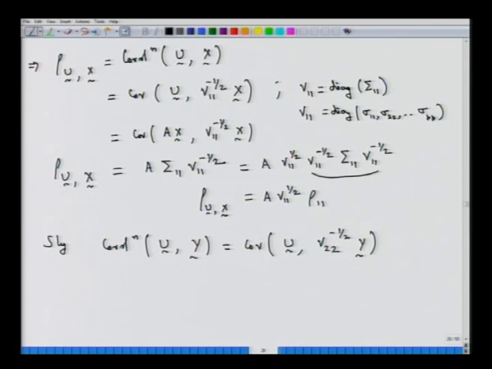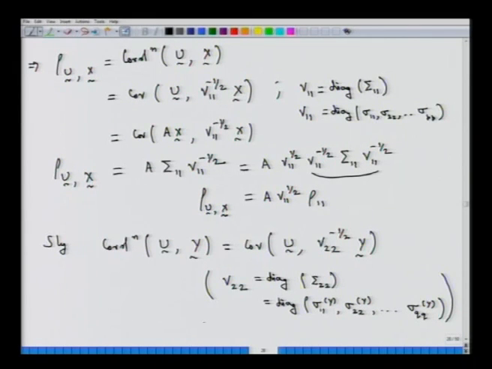So this correlation matrix will be equal to this covariance matrix, wherein as before we take V22 to be the matrix with diagonal entries as the diagonal elements of this sigma 22 matrix, that is, sigma 11 corresponding to the y variable, sigma 22, up to sigma qq because y is q dimensional. So this is the 22nd element in this sigma 22 matrix, which denotes the variance of y2 in this y vector.